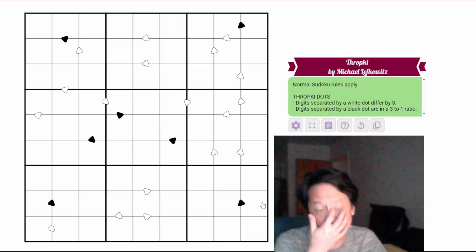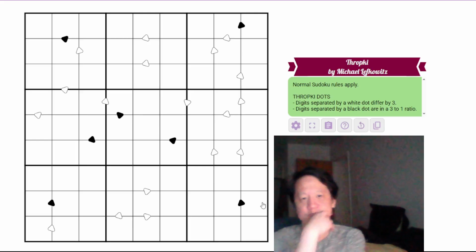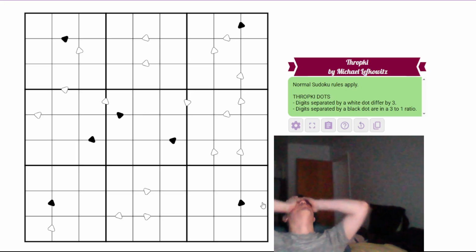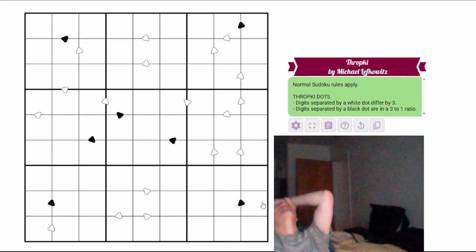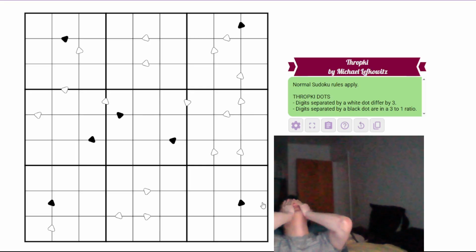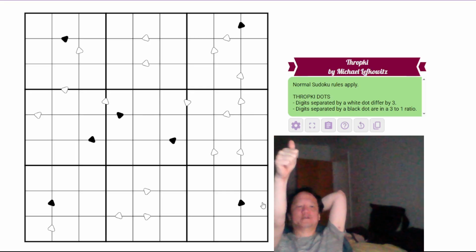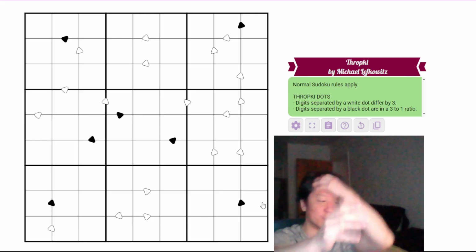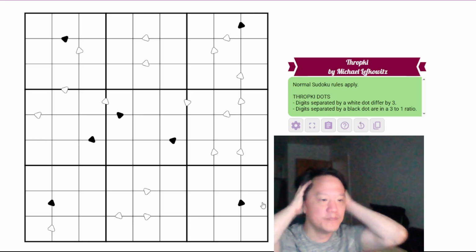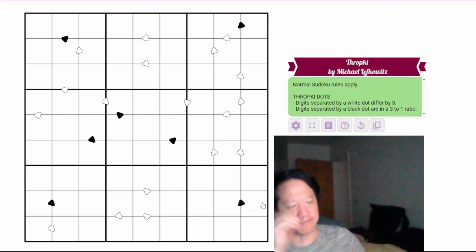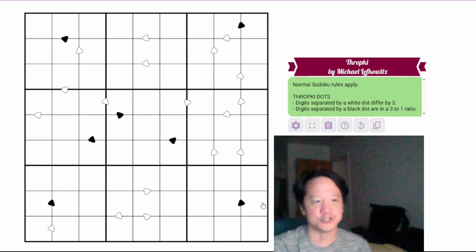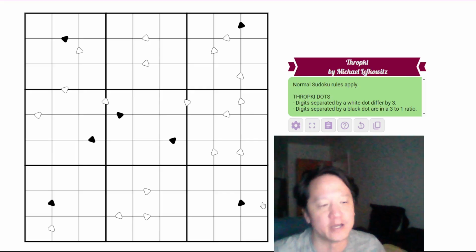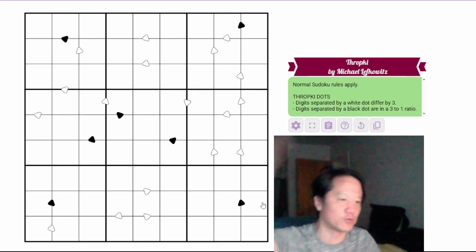Okay, where should we start here? The only digits that can be next to a black Thropki dot are 1 and 3, 2 and 6, and 3 and 9. Anything else doesn't work. Because if it's like 4, it can only be in a 1-to-3 ratio with 12 or 1 and 1/3, obviously neither of which are digits, and it works the same for every other digit.